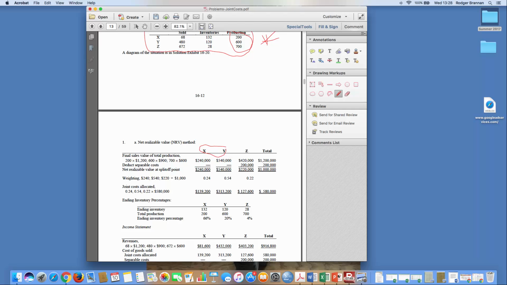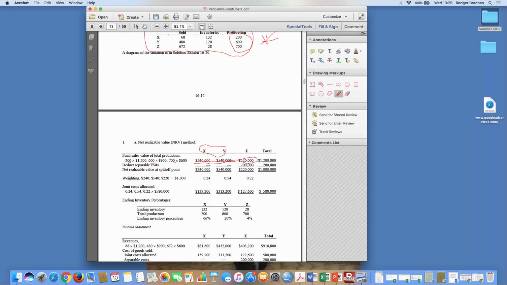So given the total production, not sales, but the total production, we're looking at the total revenues that we could potentially generate with the three products, given that level of production. And looking at their relative sales values, $1,200 for X per unit, $900 for Y, and $600 for Z.